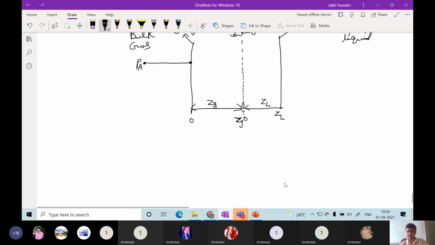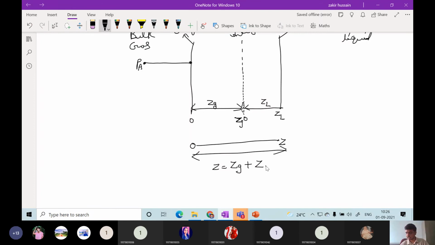So this is the initial point at the start of the mass transfer, and this is the final, that is Z. So the overall thickness of the film is nothing but Z is equal to the thickness of the gas film plus the thickness of the liquid film.